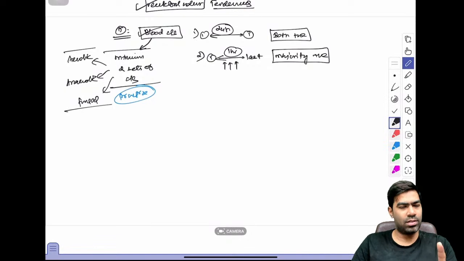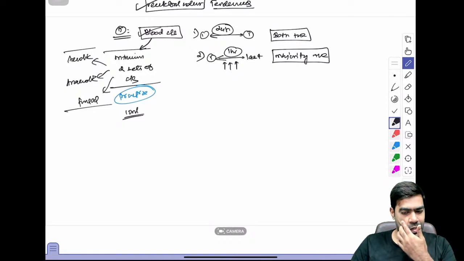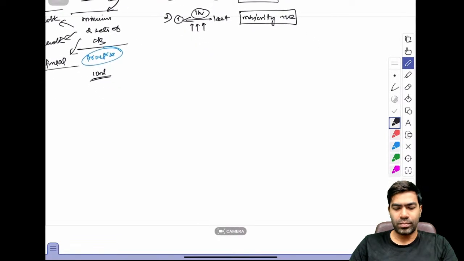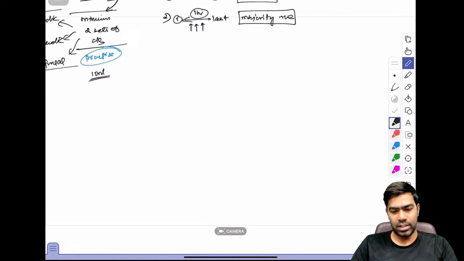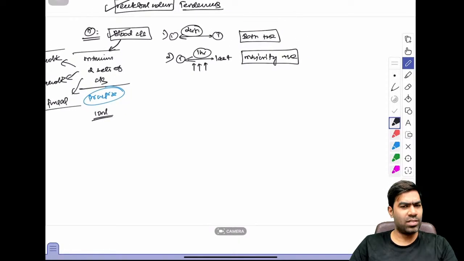At least 2 cultures, aerobic, anaerobic and fungal, have to be sent, and a minimum of 10 ml of blood should be there. That's very important. Remember, the more blood you collect, the more the yield. Even in any sepsis, even typhoid, the more blood you collect, the more the yield of the culture. So minimum 2 sets of cultures, practically speaking.